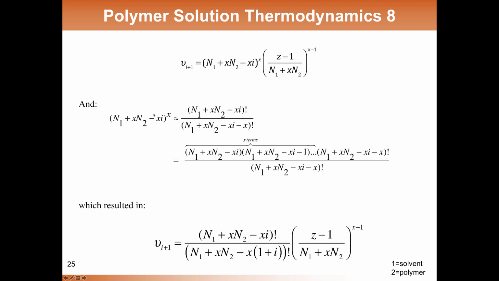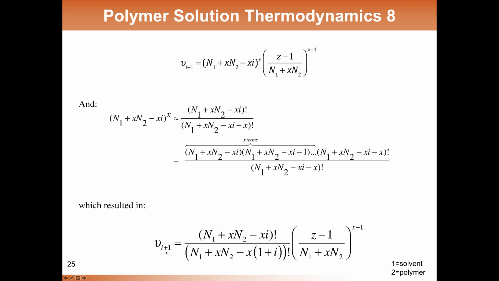Flory also rewrote the beginning part of this expression in terms of factorials as shown here, and you can see that this equivalency is reasonable if you start to write out these factorials as shown here, and eventually when the numbers of molecules get to be really large, this term essentially becomes equal to this one, and it turns out to be a good approximation.